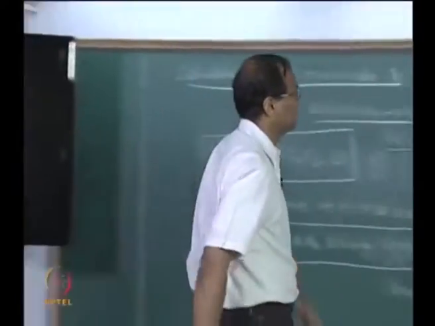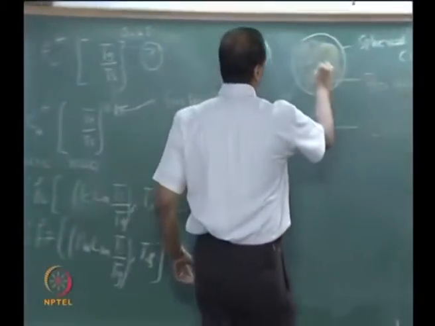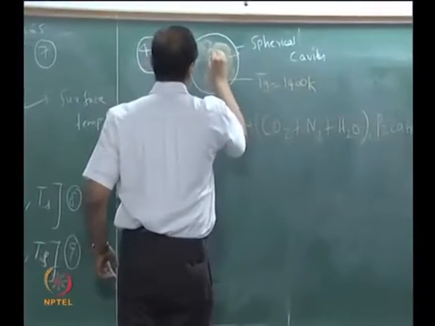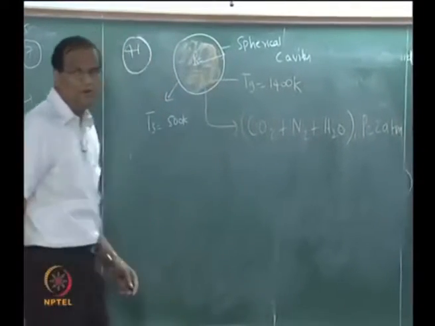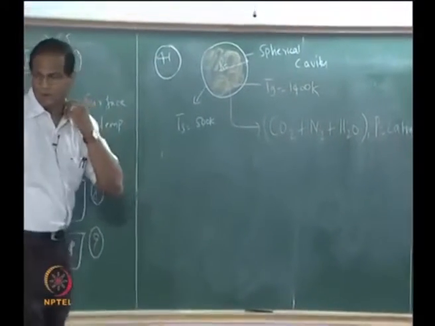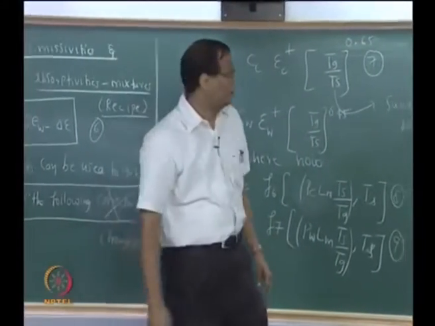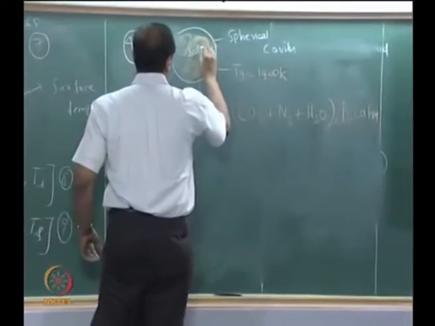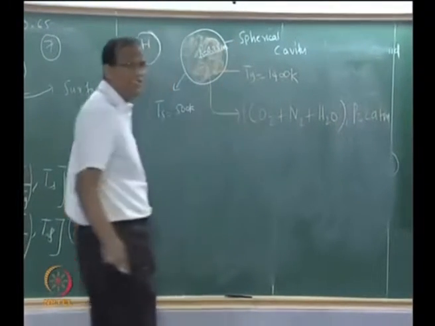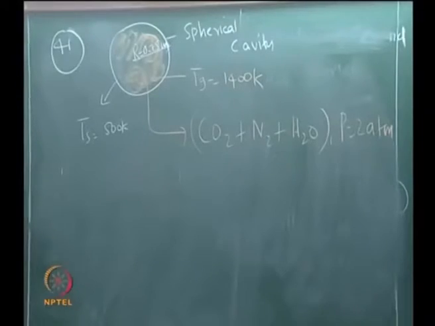So what is R equal to? Did I give 0.5 meter? Okay, what is the first step? Mean beam length, very good.